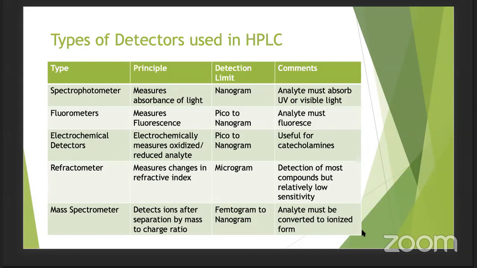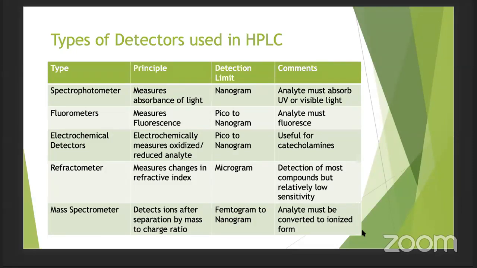The second type of detector is the fluorometer. It measures fluorescence, and its detection limit is in the range of picogram to nanogram, and the analyte must fluoresce.